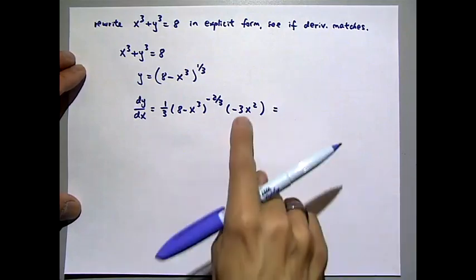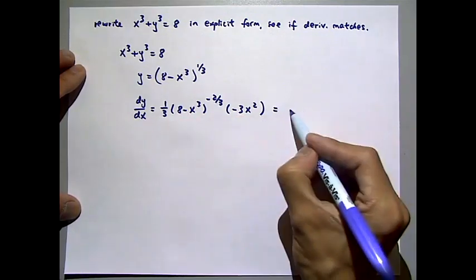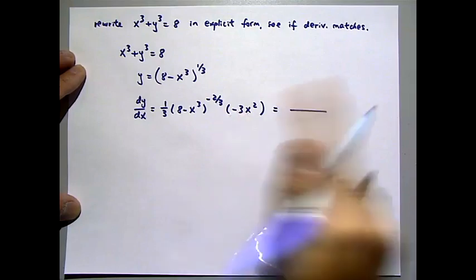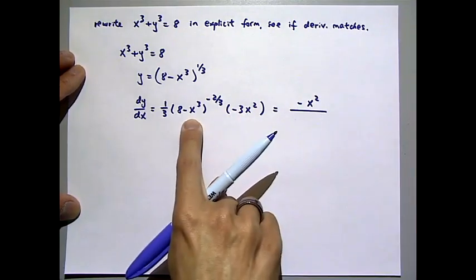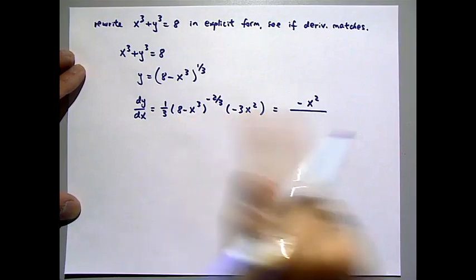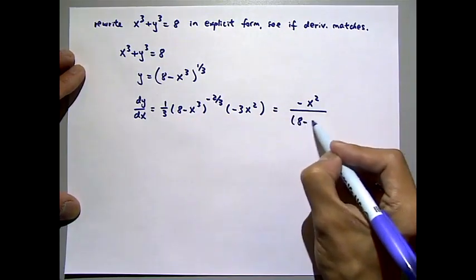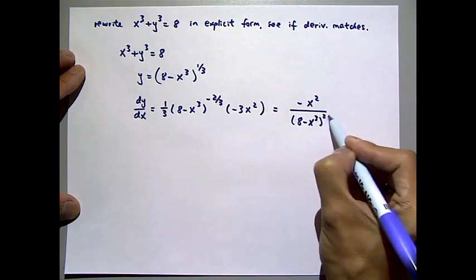Okay, rewrite it. The 3 and the 1/3 go away. Let me put a negative x squared on the top. And downstairs, we have 8 minus x cubed to the positive 2 over 3.